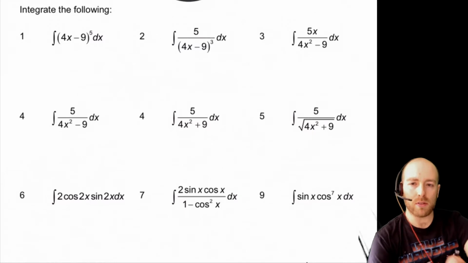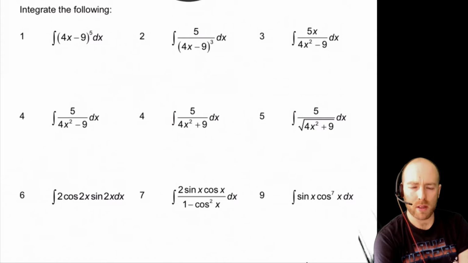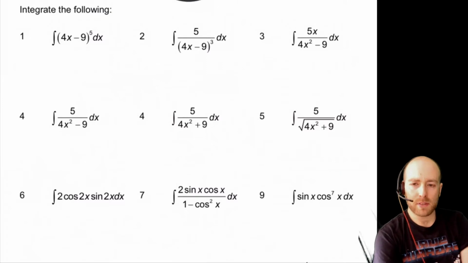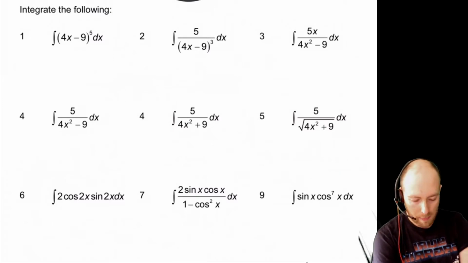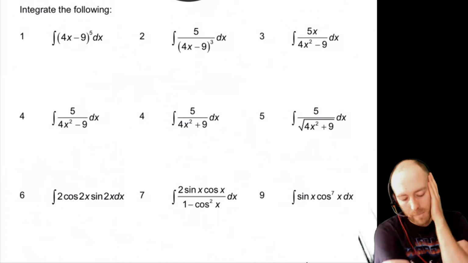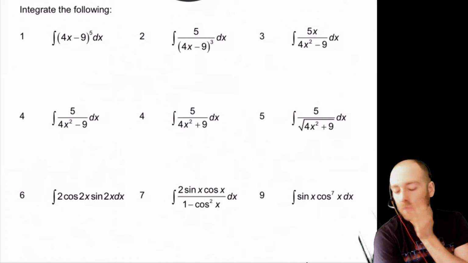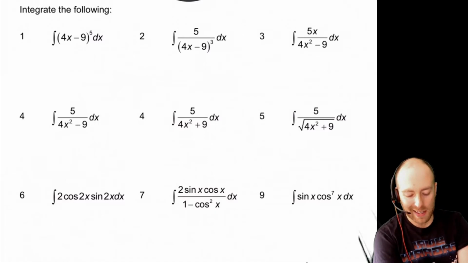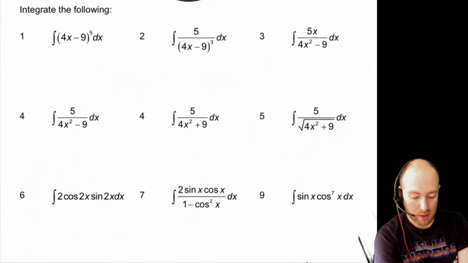Yeah, this does look difficult. Let's try and work out what we could do for this. By parts won't work. You could bring up the power, but we don't have a 5x out the front, so that's going to be a problem as well.